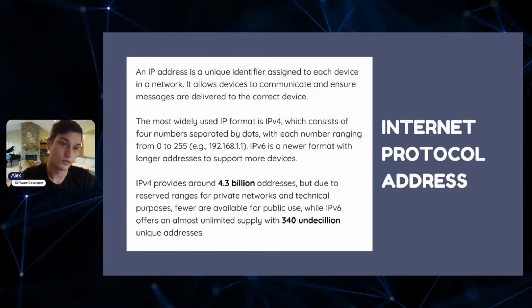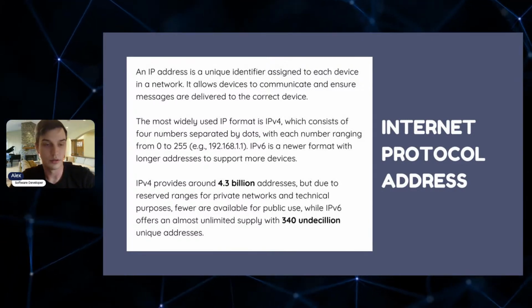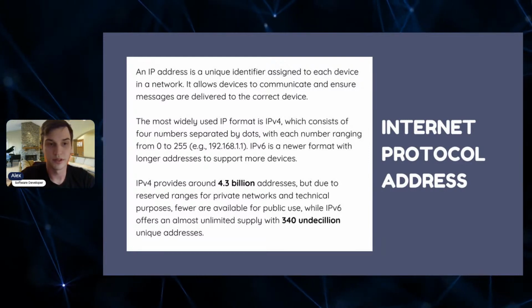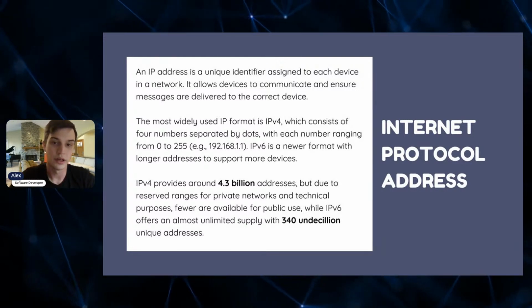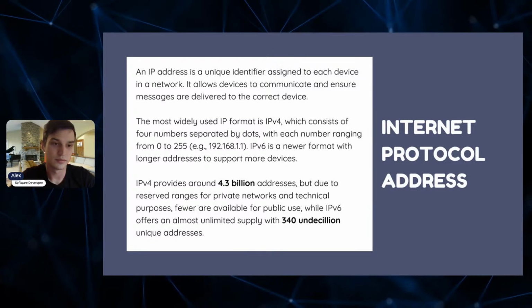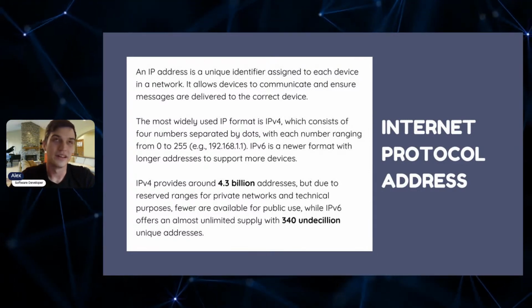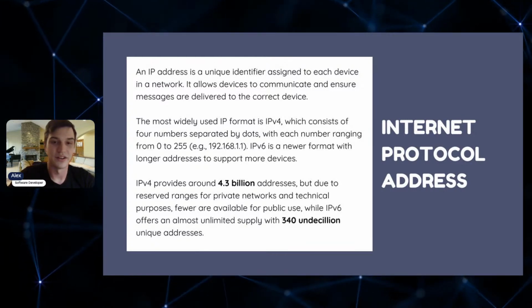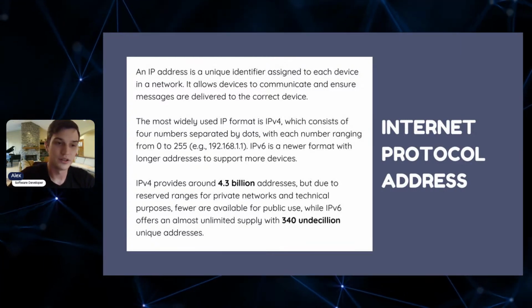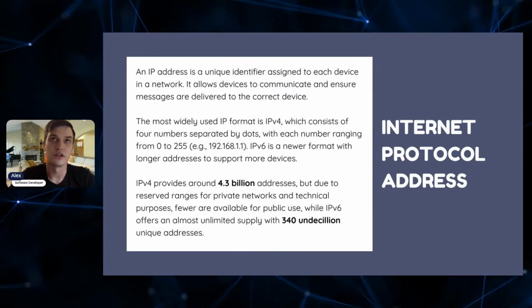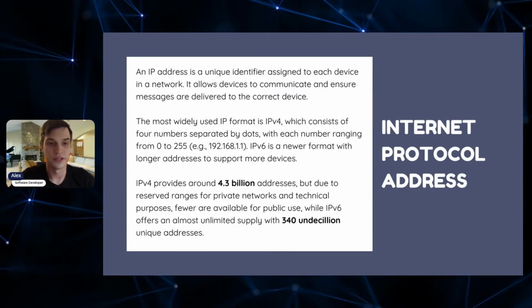It's not too much. But because now we have a lot of devices, smart people decided that we need to have more. And they created IPv6. I actually can't explain to you how it looks because there are not only digits, there are characters, and it's a long string of data.